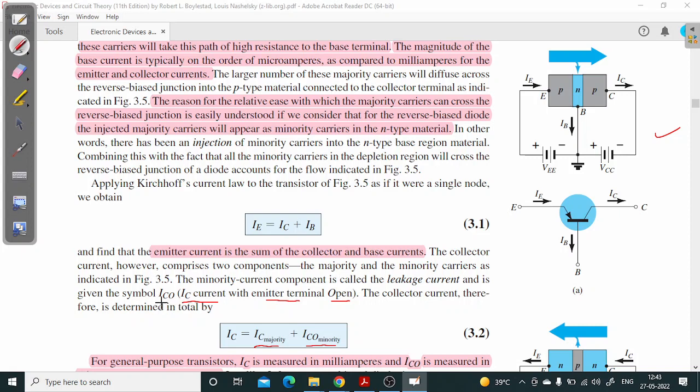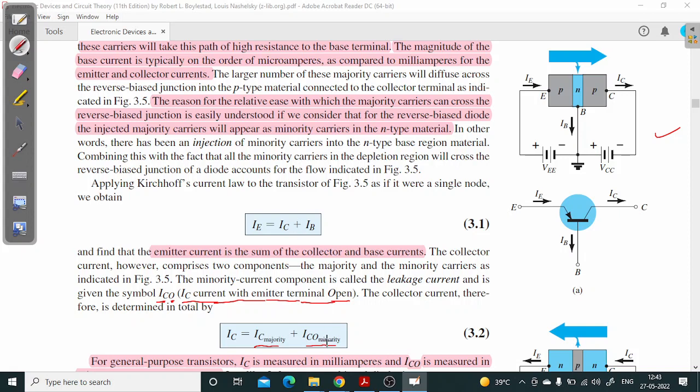IC current, C for collector, when emitter terminal is open, O for open. This is because of the minority charge carriers. So IC is equal to IC majority plus ICO minority.